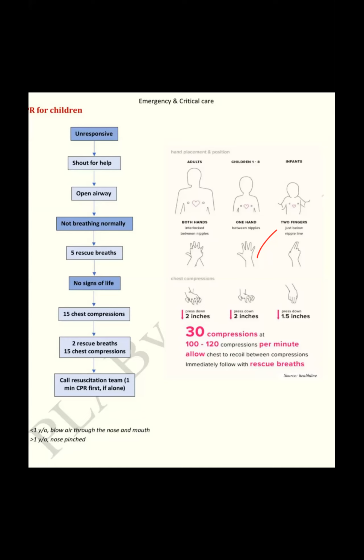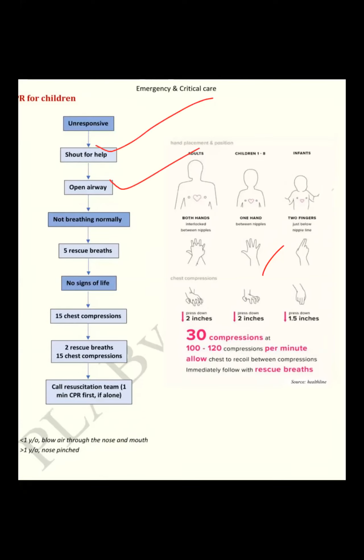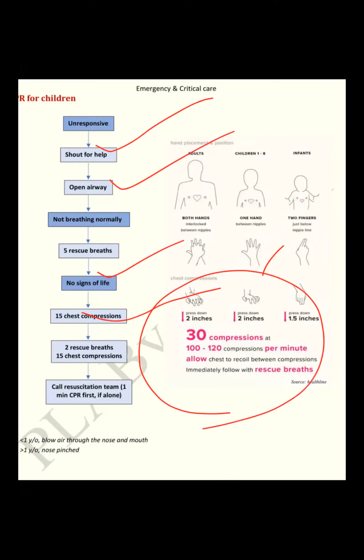Asystole means unresponsive. You have to shout for help, open the airway for intubation. No breathing normally, so we have to secure the breathing by intubation. There's no sign of life, so we have to start CPR. Nowadays, this is the new guideline: 30 compressions and 2 ventilations. We have to remember this and start the CPR, and intubate the patient, and two drugs, remember: adrenaline and, if needed, amiodarone and atropine.